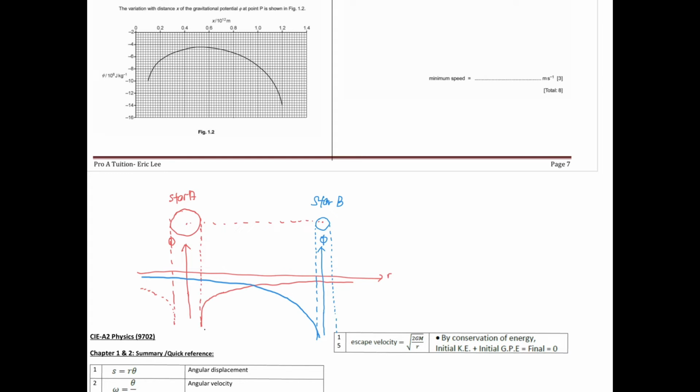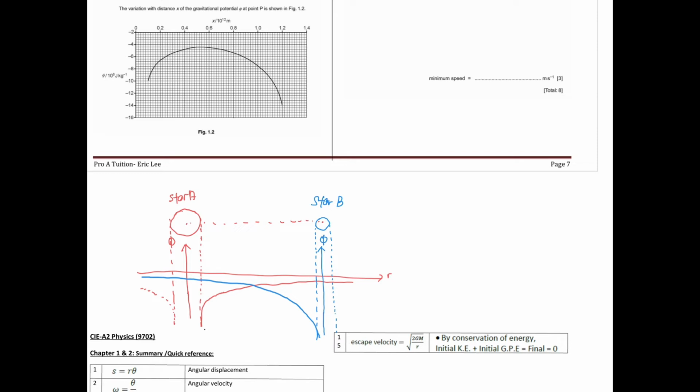Here negative plus zero, so we end up with a negative. So it's something like this in black color.